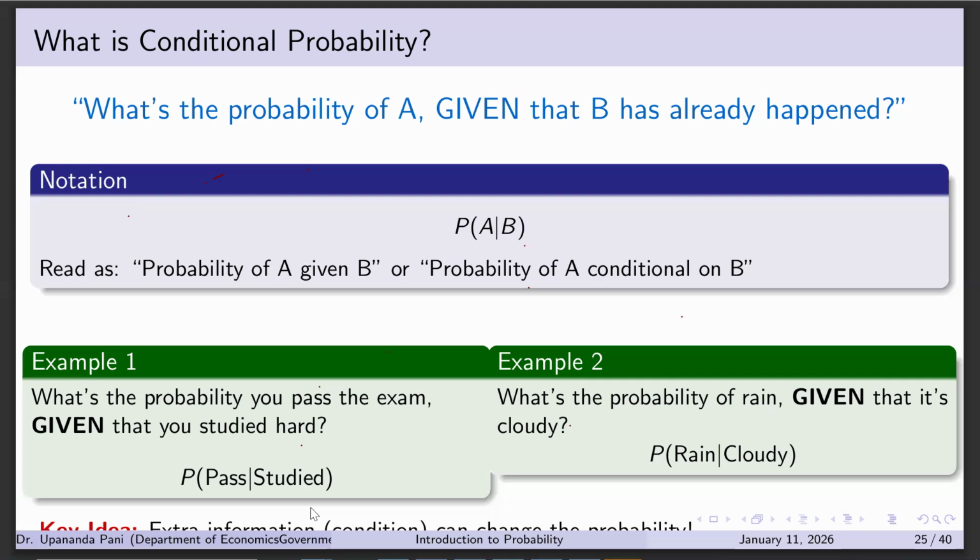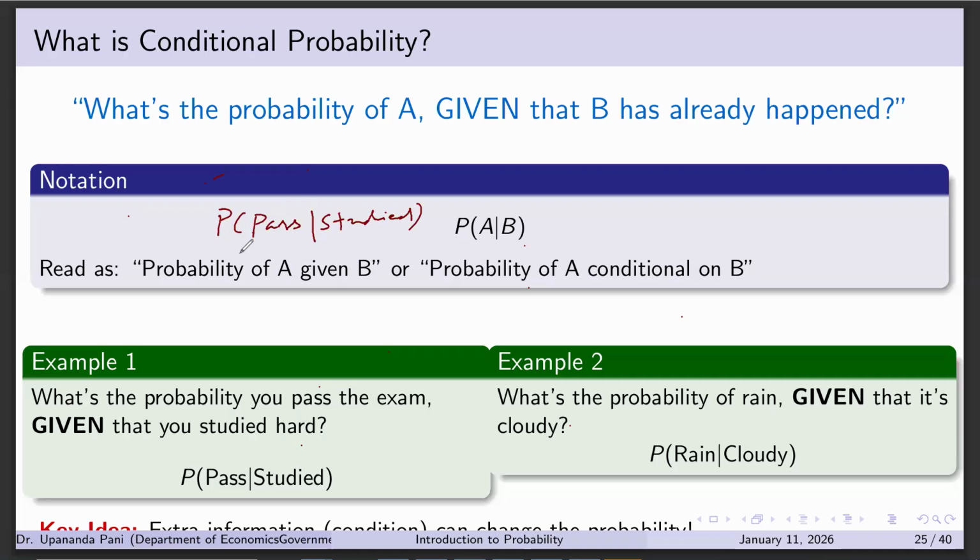So what is important over here? What is the key idea? The key idea is extra information, which is the condition, which will change the probability. This is very interesting. Suppose you ask whether you will clear UGC NET December 2025.